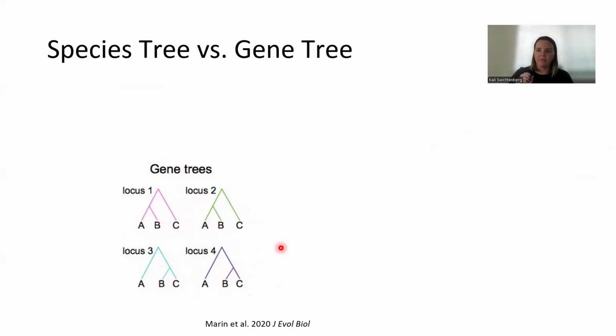But we end up with different tree topologies, so different ways that the species are related to each other based on which genes we are using.